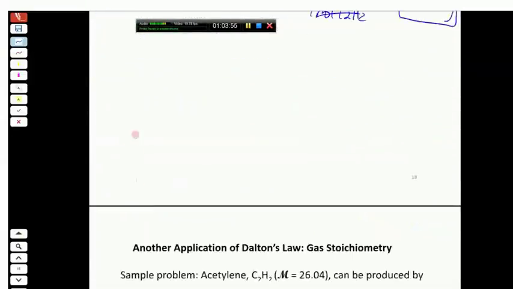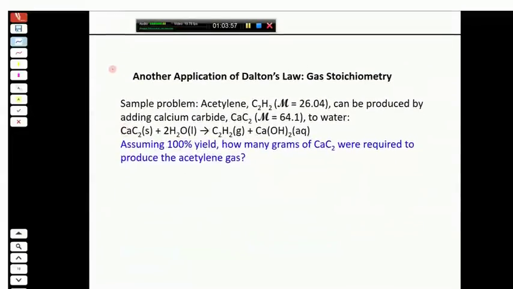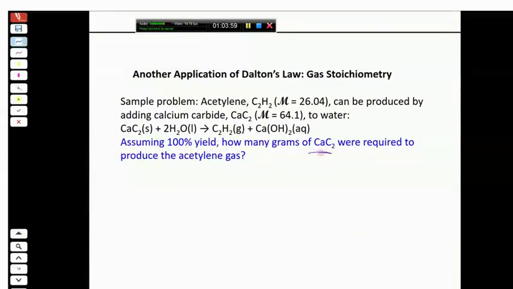But let's say we wanted to know, if we get 100% yield, how many grams of the calcium carbide, which has this molar mass, were required to produce the acetylene gas. So this becomes then a stoichiometry problem where we're looking for the mass of the reactant that we use. And we know from all the work that we did in the previous step that we formed 0.0203 moles of our product, C2H2.